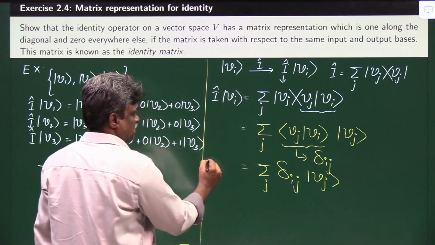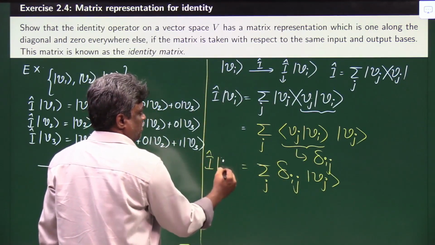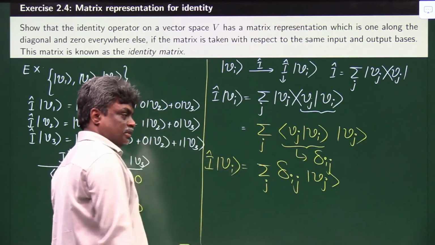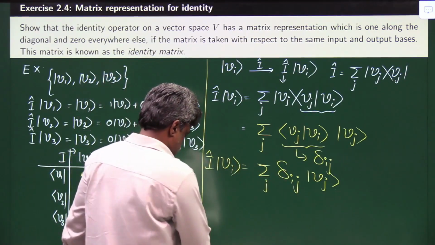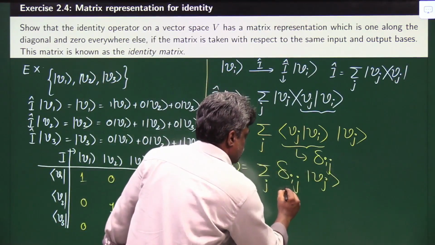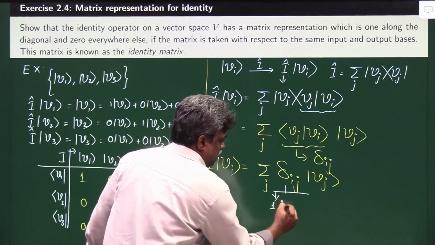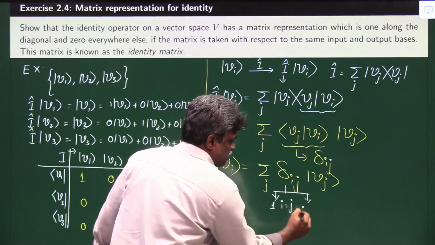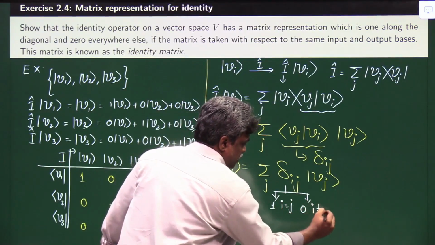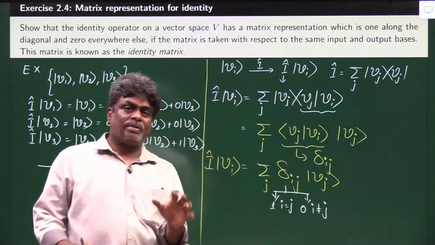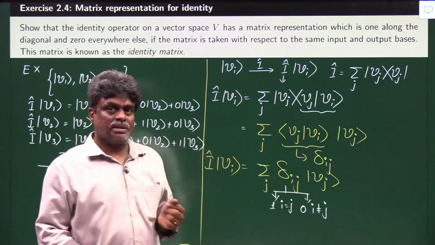So what is the meaning of this? Whenever the identity operator operates on this Vi, we got this. The Kronecker delta value is equal to 1 if I is equal to j and 0 if I is not equal to j. What is the meaning of I equal to j? Diagonal elements.